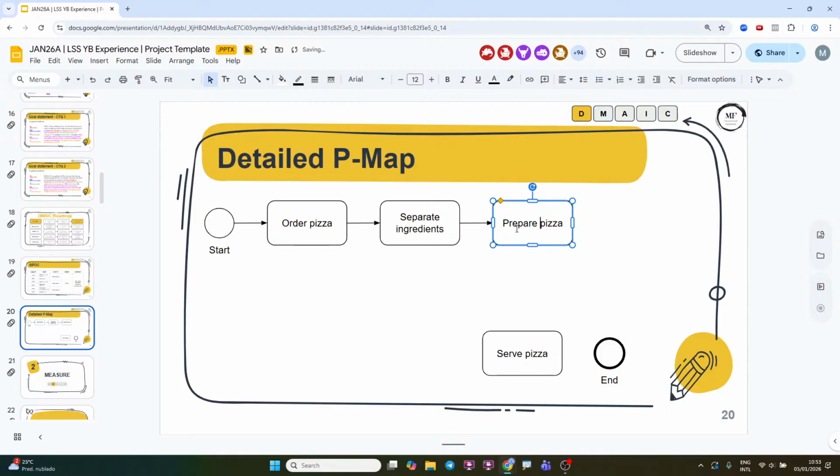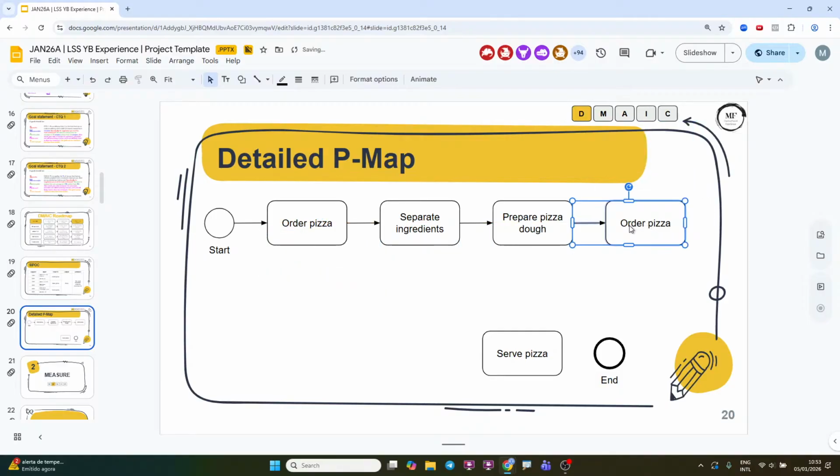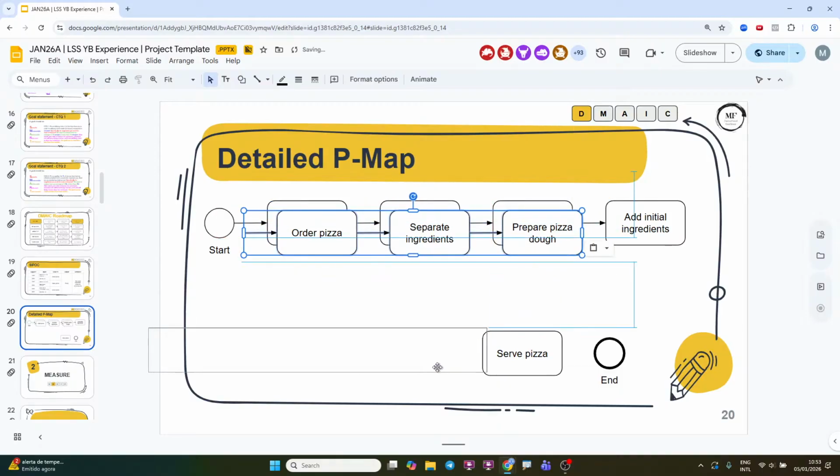Prepare pizza dough. Yeah? Then add initial ingredients.